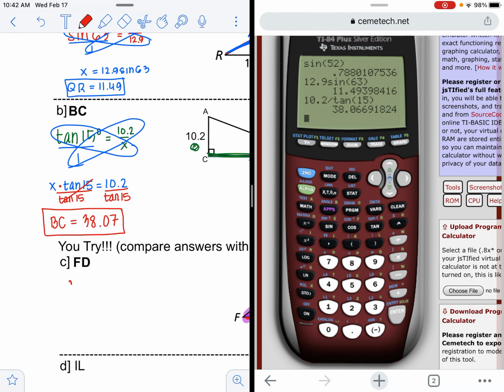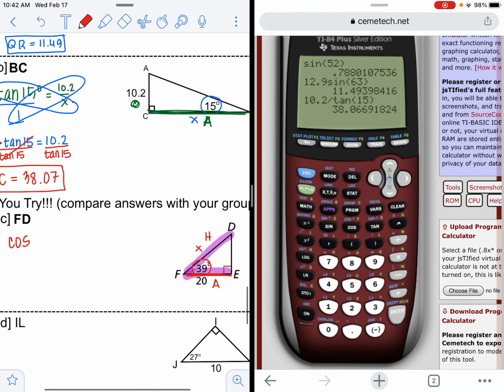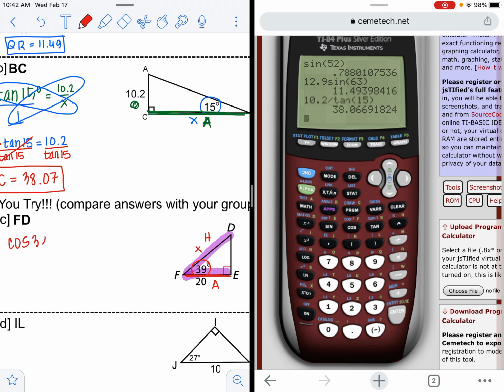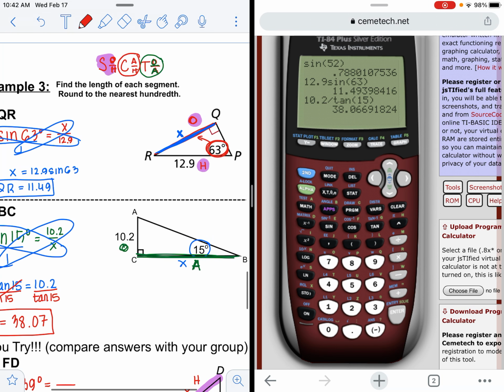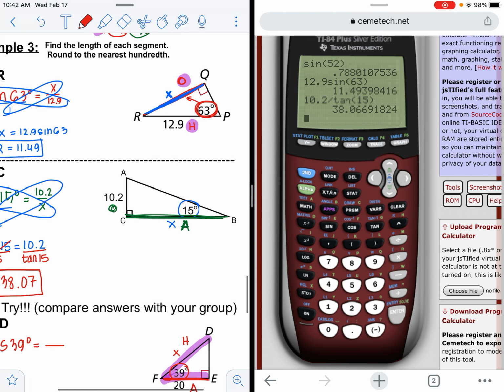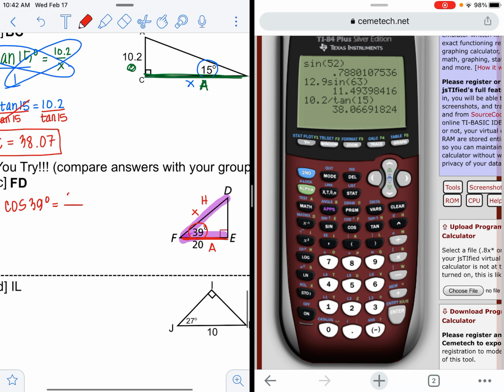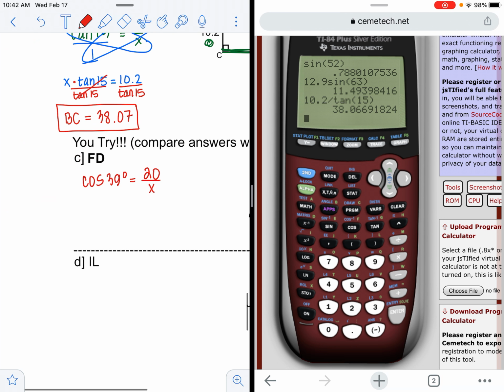Which trig function uses A and H? Cosine. So I'm going to write down cosine. Cosine of, my angle always comes next, 39 degrees, equals my fraction. What am I doing? Adjacent over hypotenuse, not hypotenuse over adjacent.